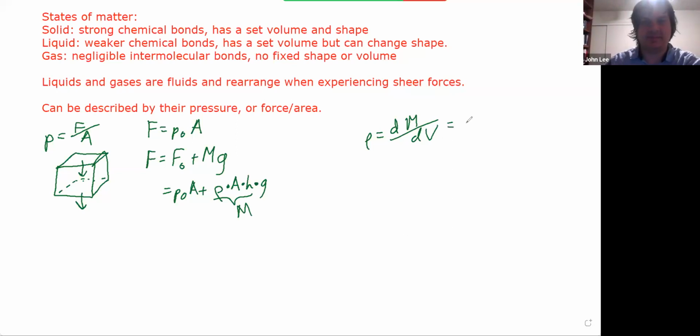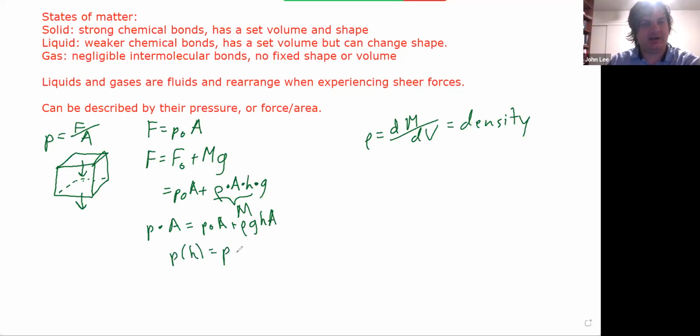It's called the density, and it's just the amount of mass there is inside of a unit volume. So as dV goes to infinitesimally small, how much mass is in that volume. So P times A equals P naught A plus rho G H A. So P of H is equal to P naught plus rho G H.